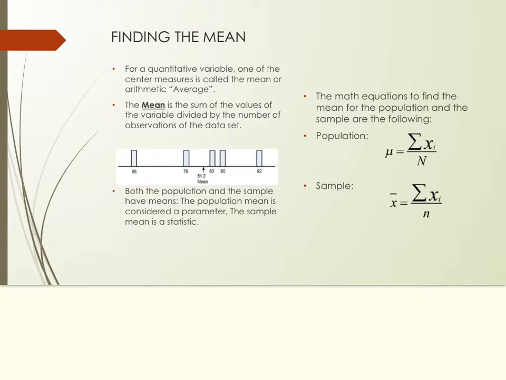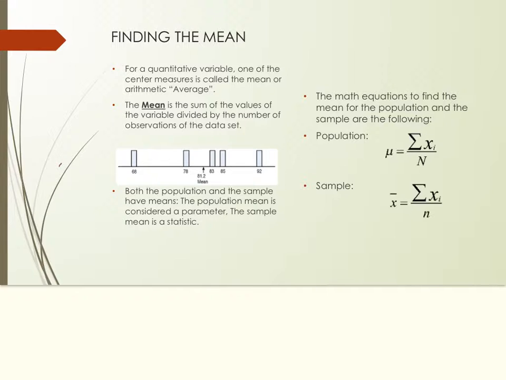So we're going to find the mean for a quantitative variable. It is one of the center measures, and the mean is really the arithmetic average. The mean is the sum of the values of the variable divided by the number of observations of the data set.